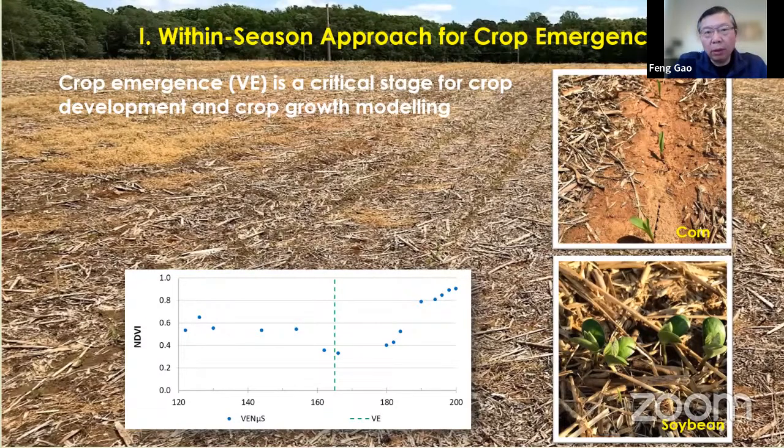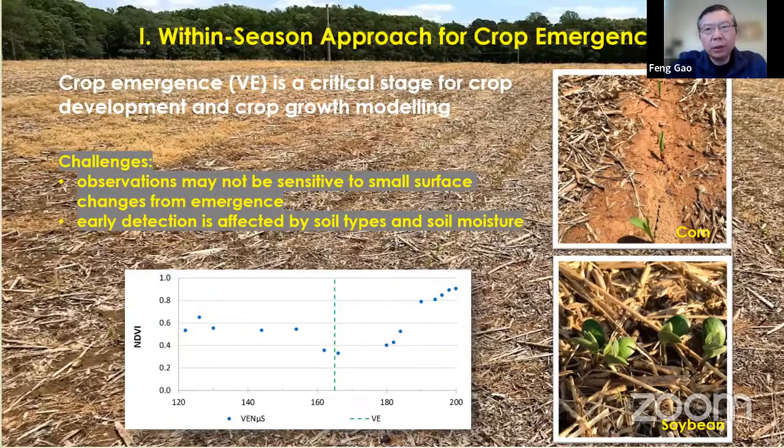A lot of the time we cannot get these dates because farmers may decide their planting date differently from year to year and from field to field. It's quite a challenge to map crop emergence in near real time.